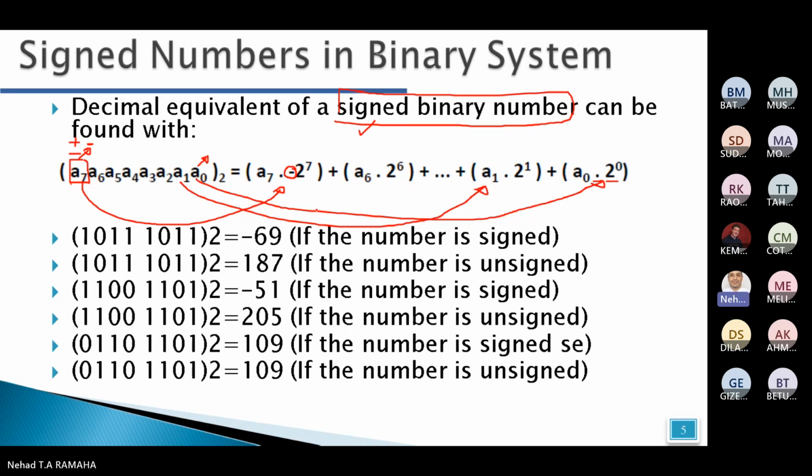Why minus? Because if the number is negative, it will be minus this sign value, then you will get the negative number. And if the number is positive, this one will be added like the unsigned one to the summation. So let's take those examples.